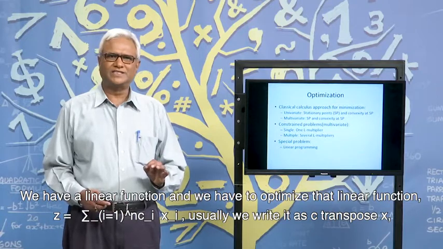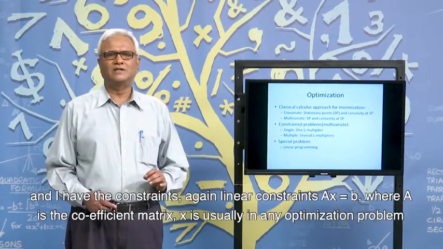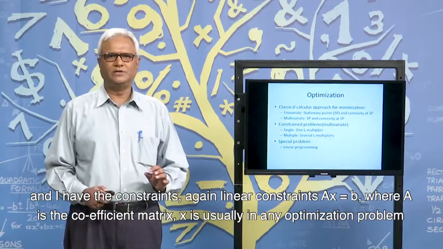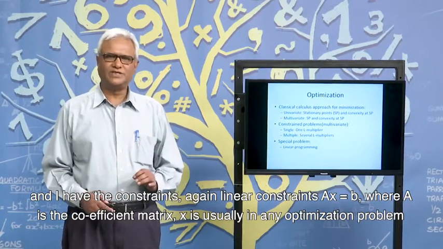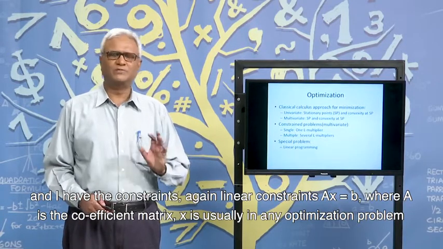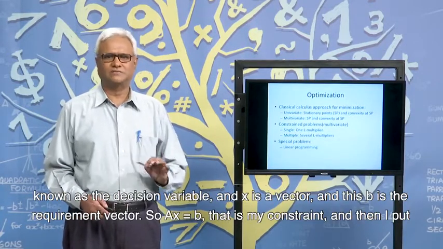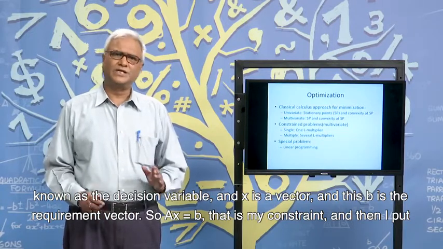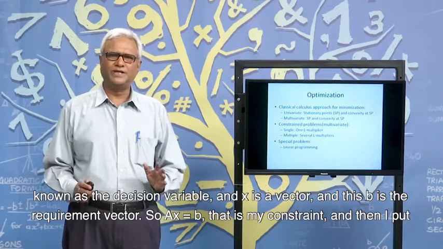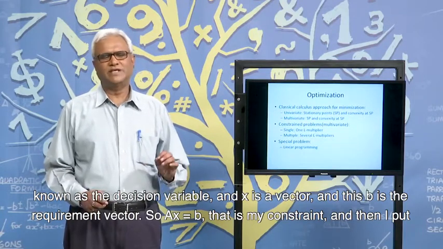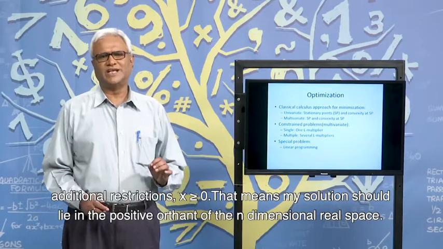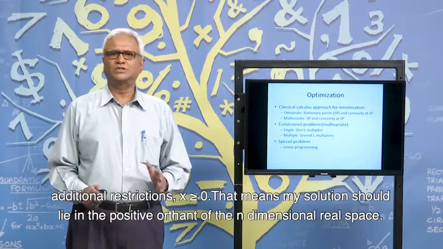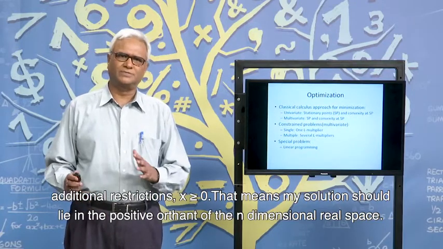Usually we write it as c transpose x, and I have linear constraints A x equal to b, where A is the coefficient matrix. x, as in any optimization problem, is known as the decision variable, and it is a vector, and b is the requirement vector. So, A x equal to b is my constraint, and then I put an additional restriction x more than or equal to 0. That means my solution should lie in the positive orthant of the n dimensional real space.